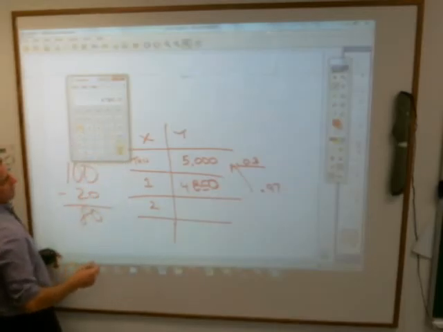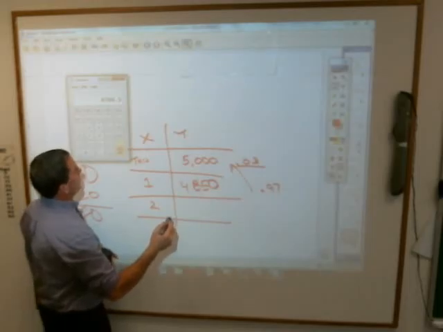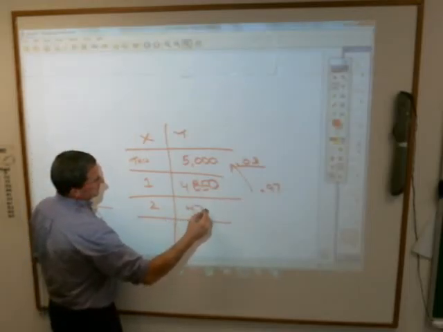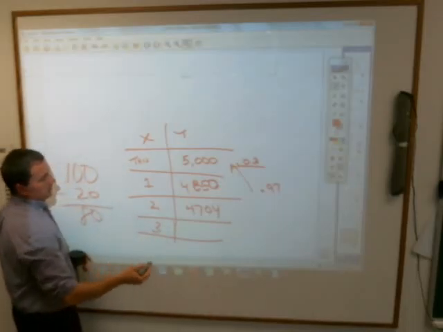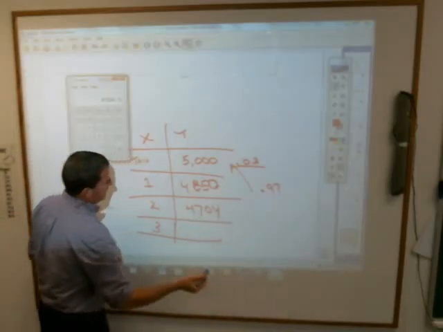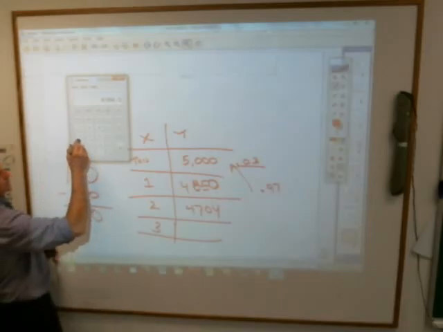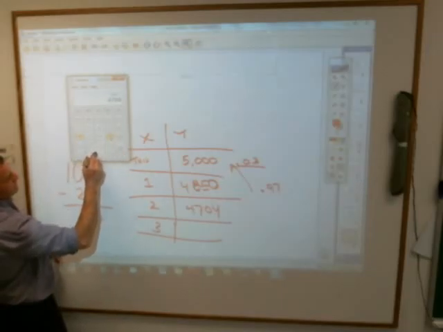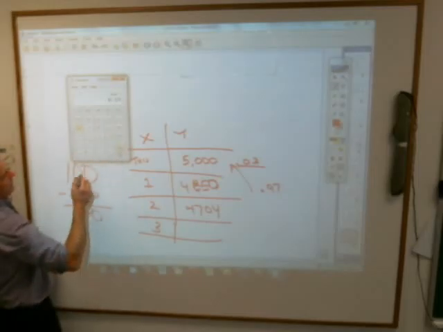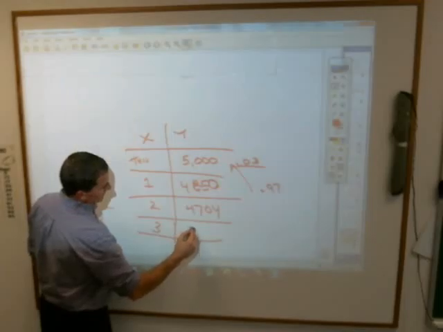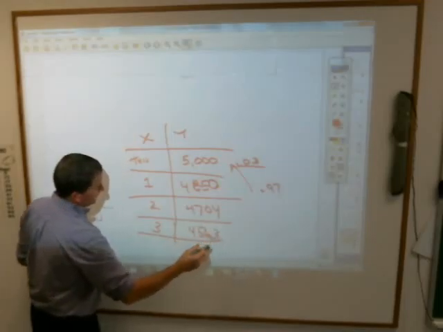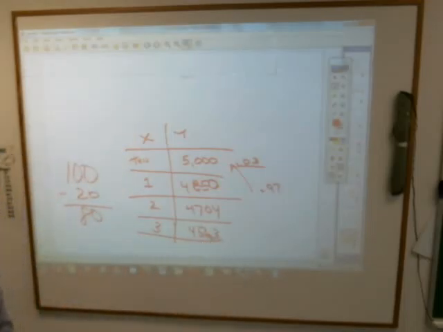So after the next year, you're going to have 4,704 and a half kids. And then at the end of 3 years, you're going to take that times 0.97. And after the end of 3 years, you'll have 4,563 kids, and I hope that's right.